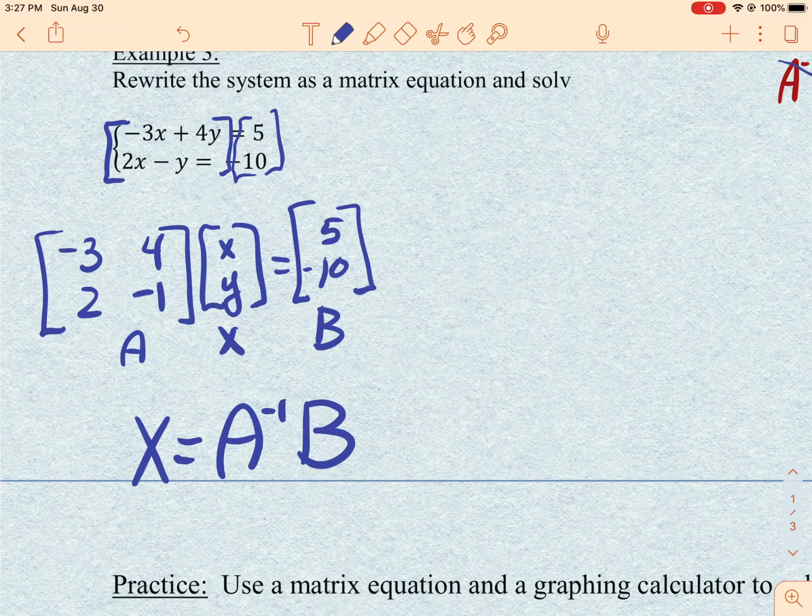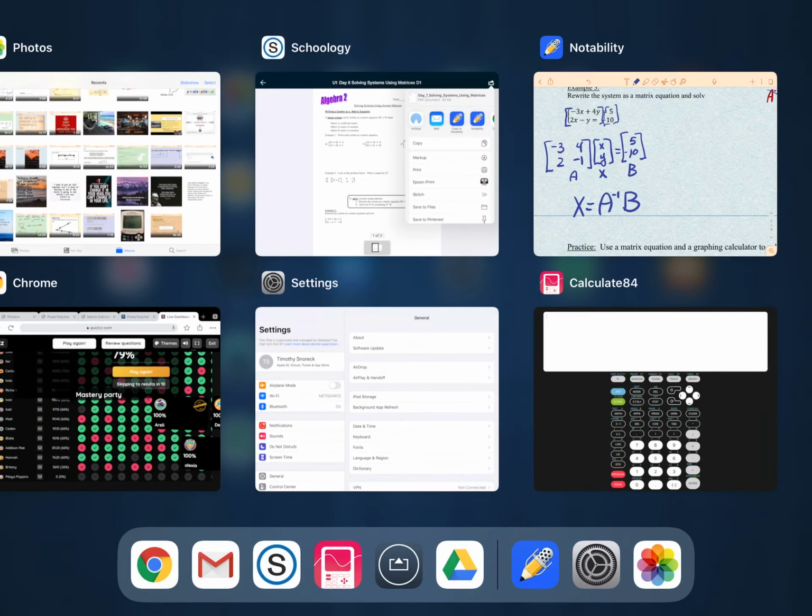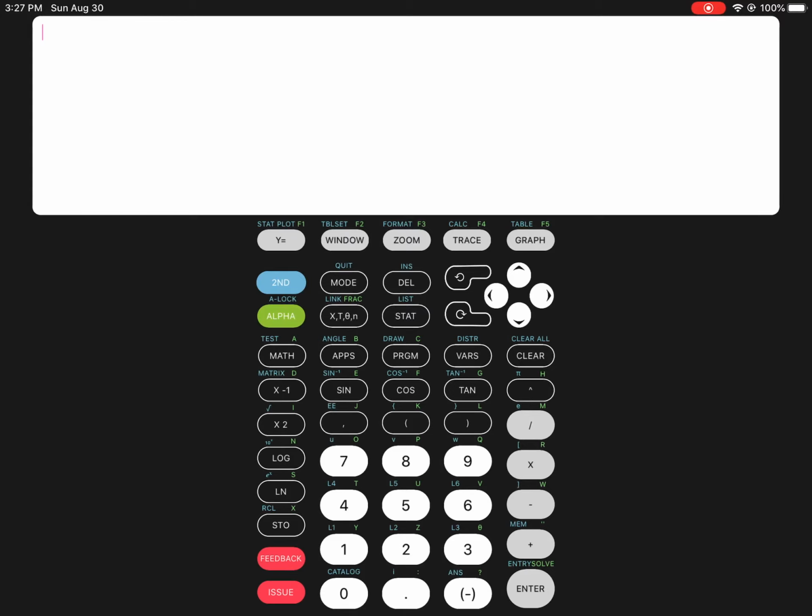So let's go to our calculator. We'll type in our matrix A and our matrix B, and then multiply them together with the inverse. Second matrix, arrow to the right to edit.